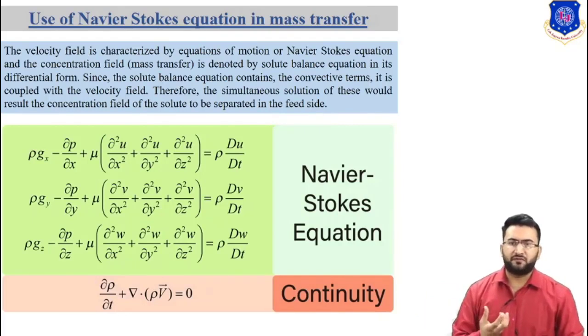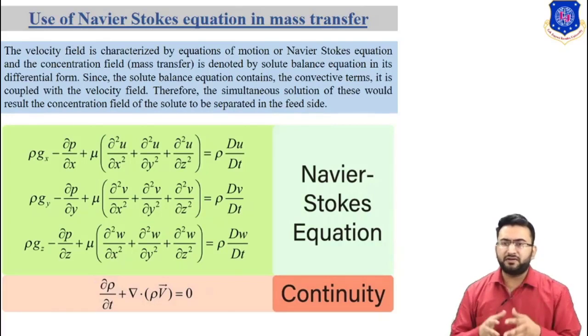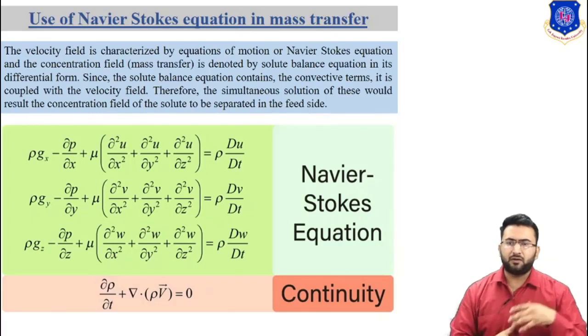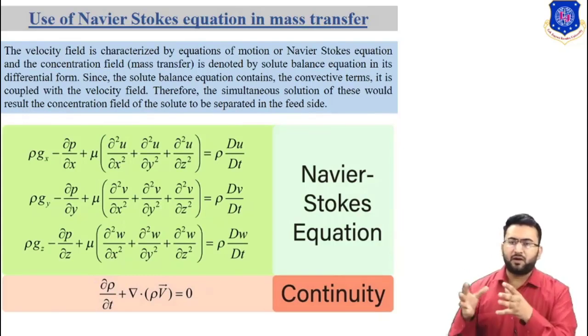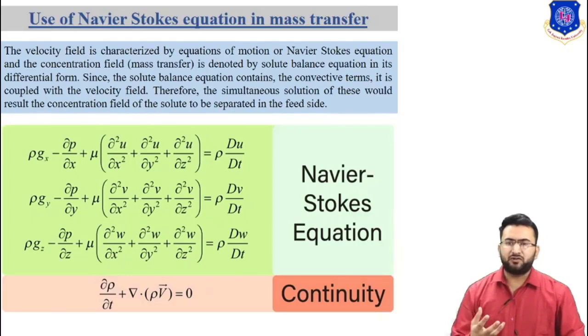After the concentration field, it is evaluated at the interface and its value is evaluated in the other phase by using the equilibrium relation or transport law through the interface. The bulk convective profile of the target in one phase is then obtained by the simultaneous solution of velocity and concentration field in this phase. So this is all about the Navier-Stokes equation.